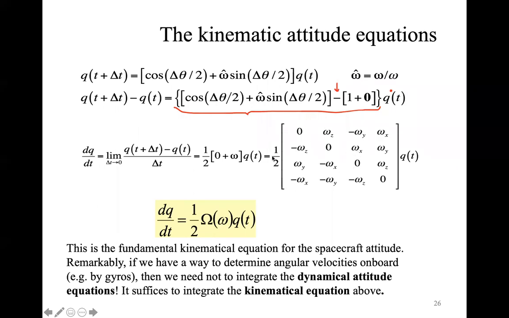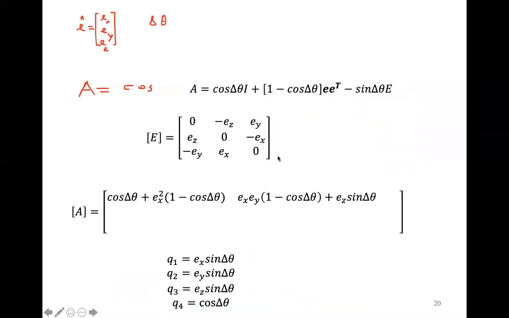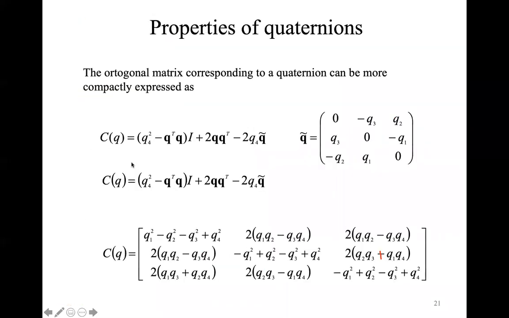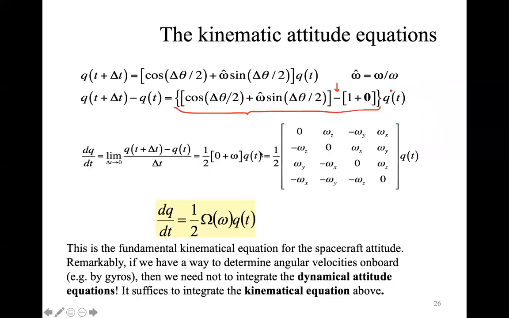Okay, so that's the reason why I introduced this form of the quaternion multiplication. That in principle you can do as we have said before. But if you use a matricial form, since you know that A is equal to 0 from this quaternion here, you have that delta q over delta t, that is basically given by the limit of delta t that tends to 0 of this difference divided by delta time, it is equal to 1/2 of this matrix, that is the matrix for the quaternions multiplication, times qt.